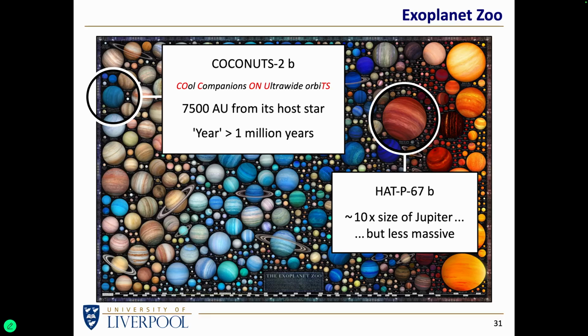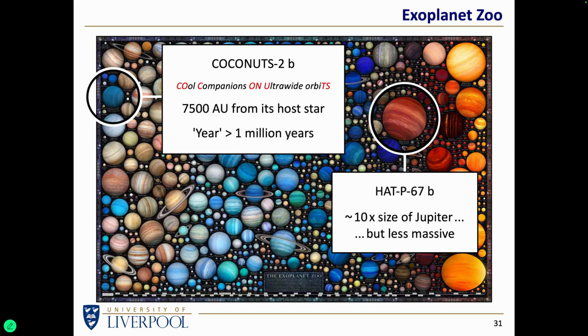So 1 AU is the distance from the Earth to the Sun, so this is 7,500 times further from its host star than we are from the Sun. So instead of going round its star in 1 year, its year is something like 1 million of our Earth years. It's difficult to believe a planet can exist that far from its host star, but it appears to be possible.